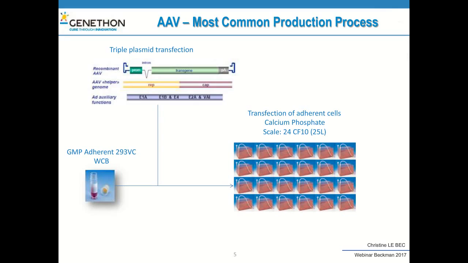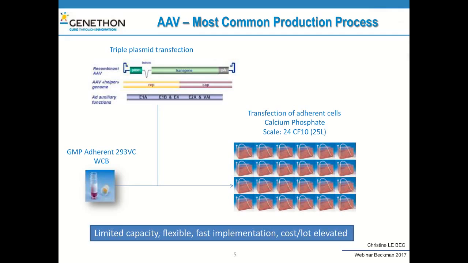This process is commonly used for producing AAV at research grade, but in some cases for GMP lots at small scale, using 24 cell factories, giving around 25 liters of bulk product. This process is flexible and fast to implement, but has limited capacity, and the cost per lot is elevated.